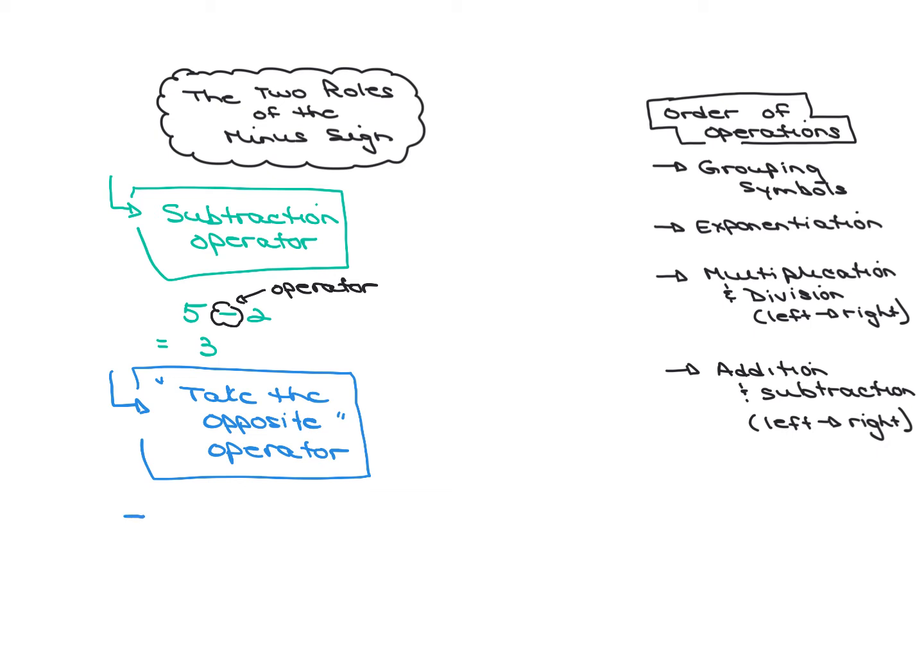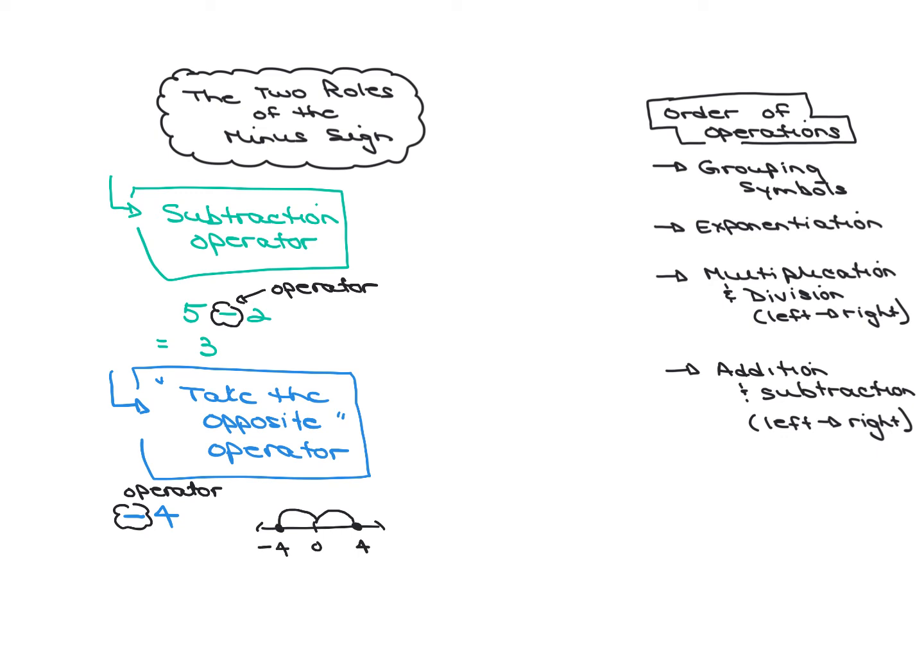For example, if we look at this, in this case, the minus sign is really an operator. And it's telling us, let's start at a number line where 4 is, and we're going to take the opposite of 4, which means we go the same distance from 0, but in the other direction.